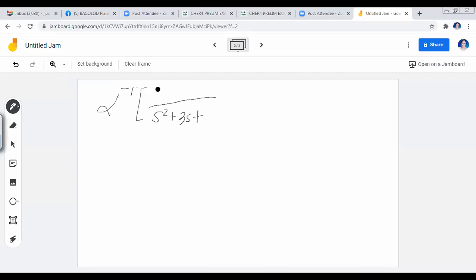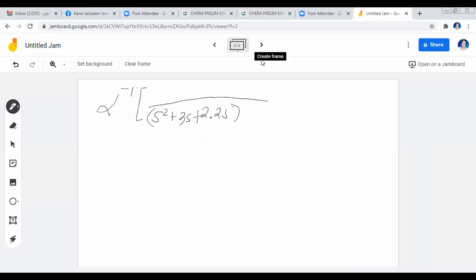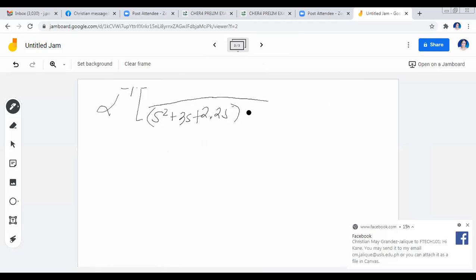So this is another method that you can use, 2.25. Actually, it's not on the standard formula that I have shown, but you will see. Your original denominator constant is 2, right? So what do you do? You add 2 here, and you need to subtract 2.25.